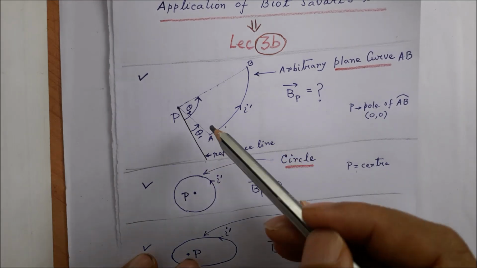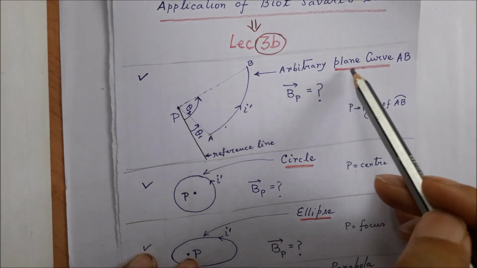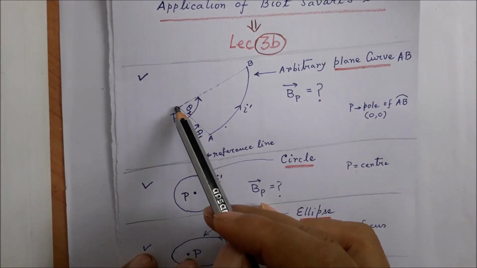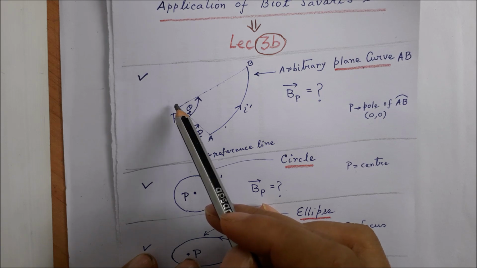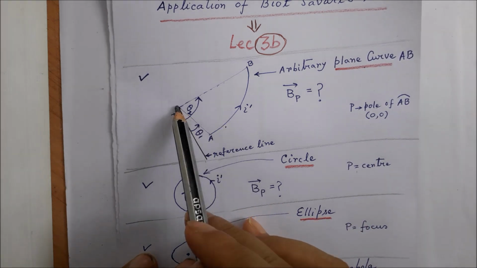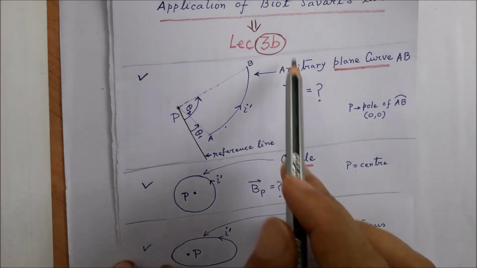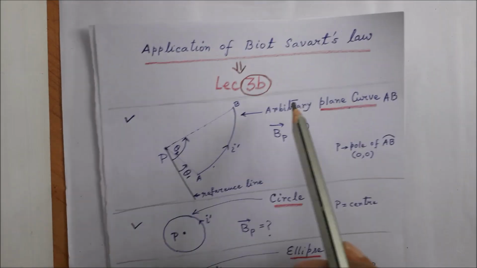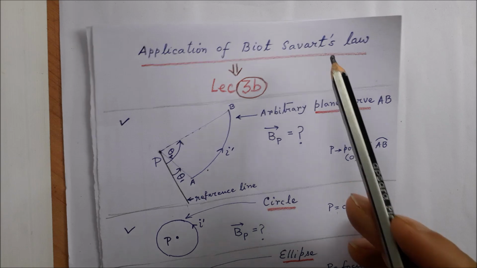So the question is, if this arbitrary plane curve carries a current I prime, what is the magnetic induction produced by it at some point P on the same plane? That we can find out exploiting Biot's law.